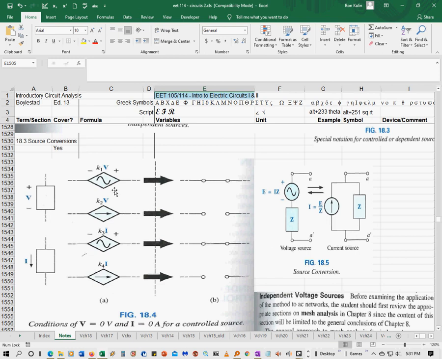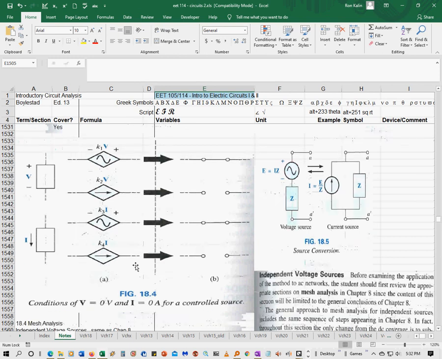Now I say this is voltage dependent because it's labeled as a V here. So it depends on whatever that V is across another part of the circuit. Likewise, this I is dependent on another current in the circuit. This is dependent on a voltage. This is dependent on a current. This is a voltage source. This is a current source.